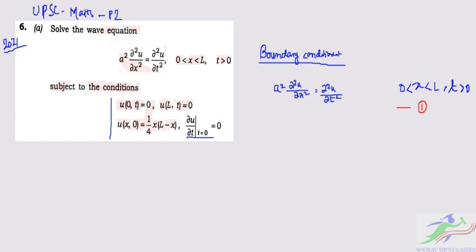Suppose u of x comma t equals X of x times T of t be the solution to equation 1.